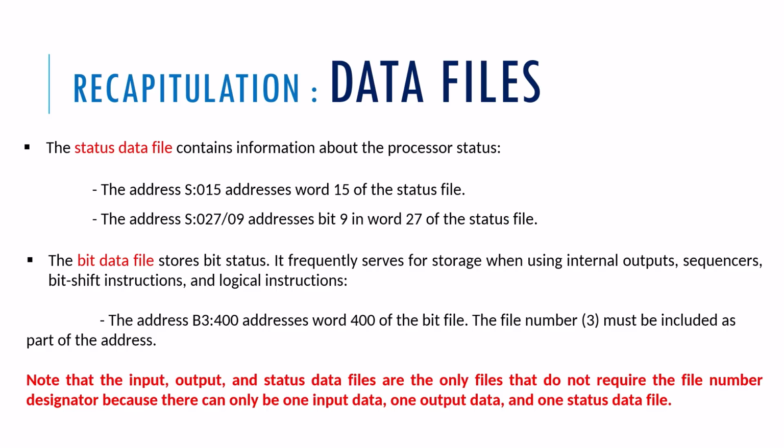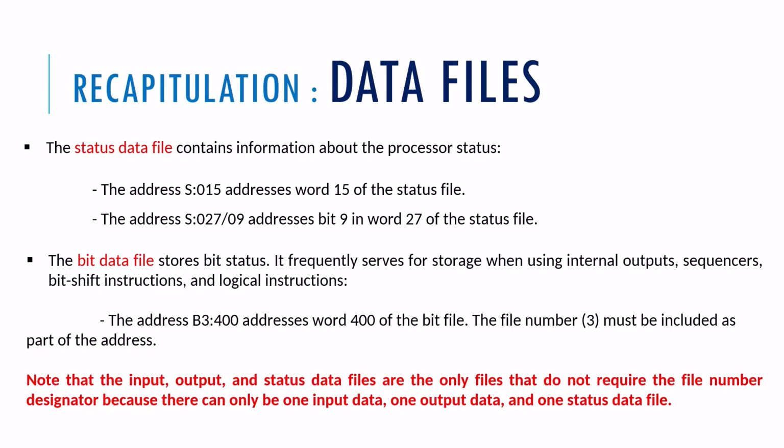Next comes the bit data file. The bit data file stores the bit status, as the name suggests. It frequently serves for storage when using internal outputs, sequencers, bit shift information, and logical instructions. You have already gone through the topic called internal relay operations.